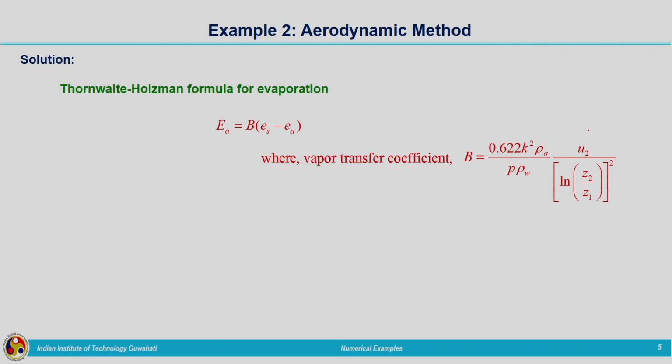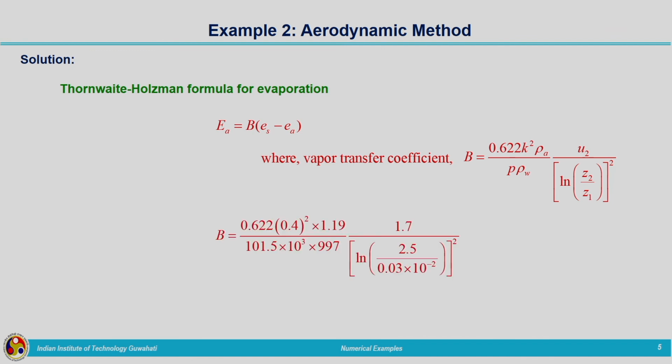Here all the values are known to us, that is related to density of air, density of water, von Karman coefficient, roughness height, and also the wind velocity. We can just substitute in this equation, and it can be calculated as 2.44 into 10 to the power of minus 11 meters per Pascal second.